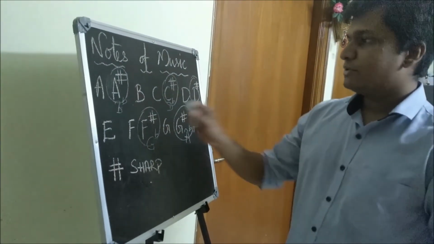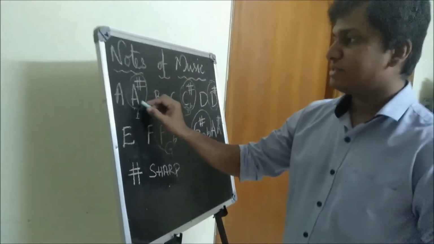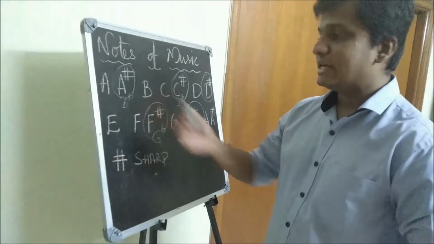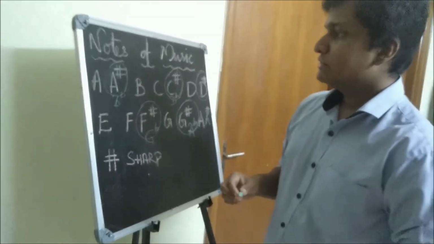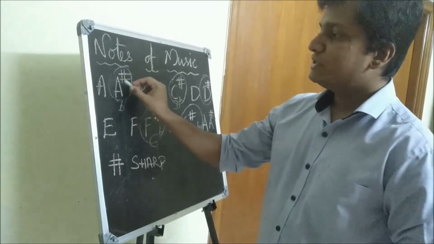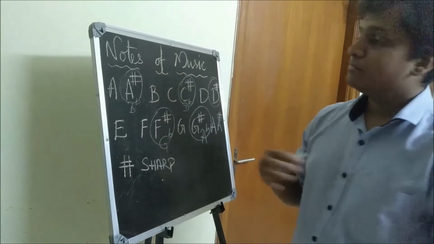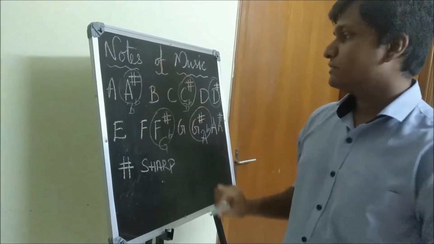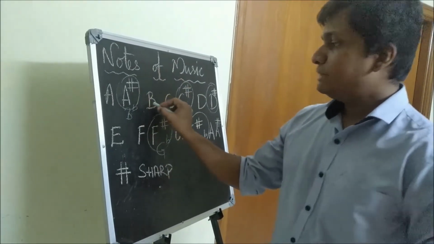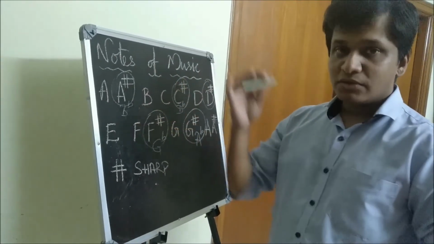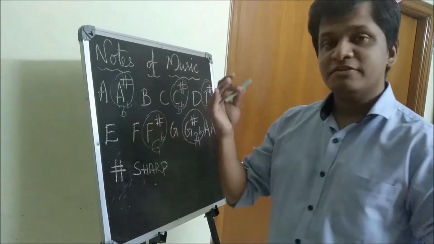If you think about it, this particular note which is here, A sharp or B flat as it's called, is higher than A in sound or in pitch, so it's called A sharp. Compared to B, this note would be lower in pitch, so it's called B flat.